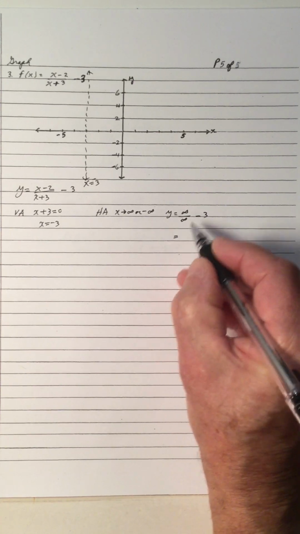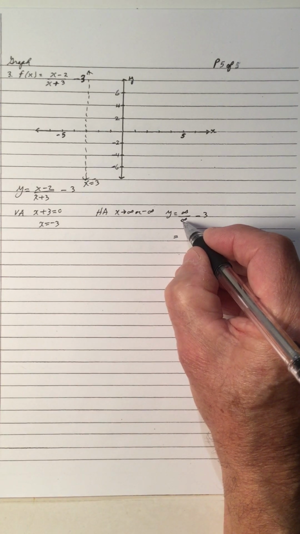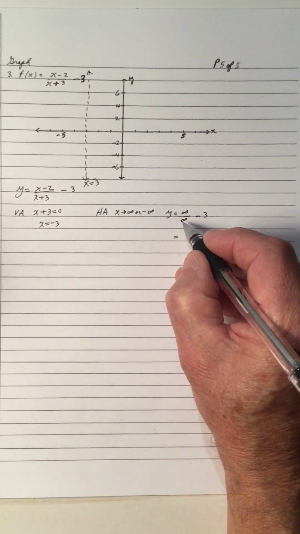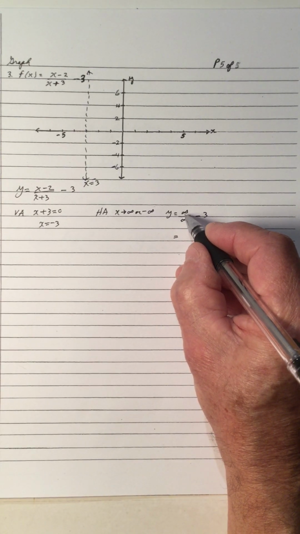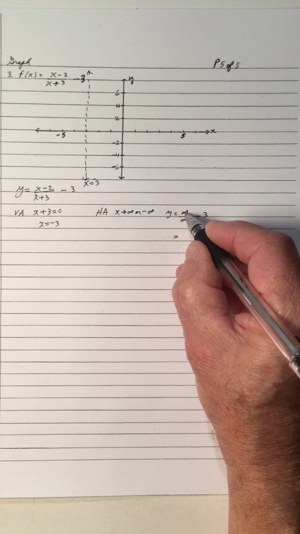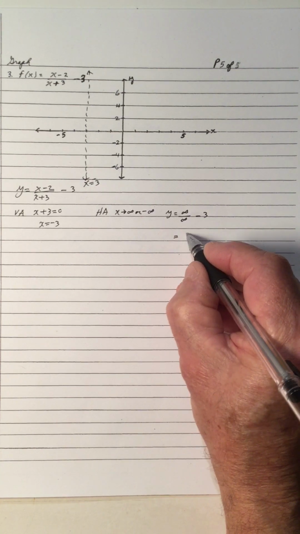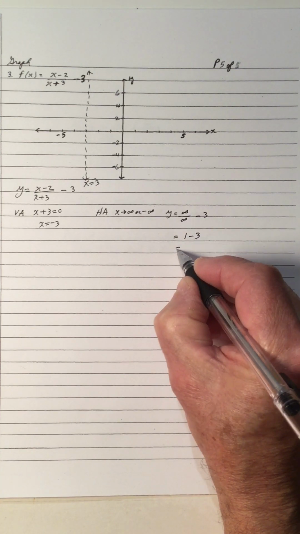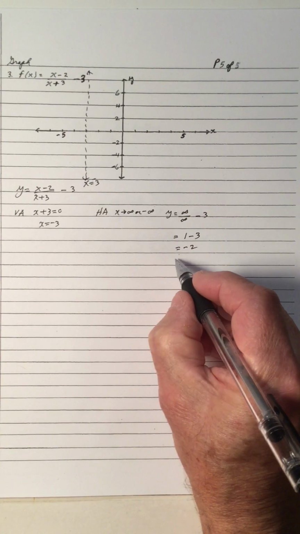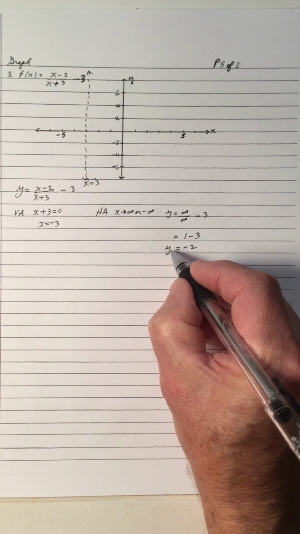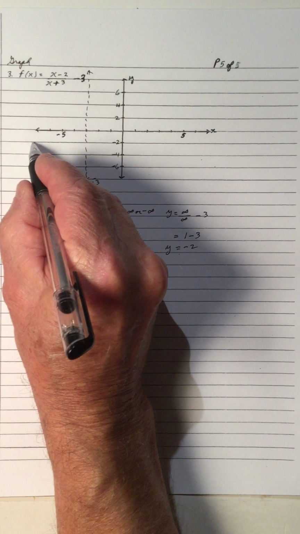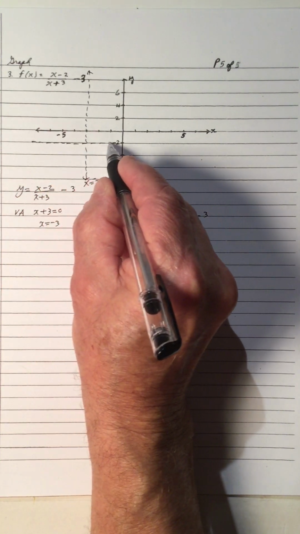So when you take infinity and divide it by infinity, if you take a million divided by a million, you get 1. If you take a billion divided by a billion, you get 1. So that's 1 minus 3, which is -2. So the horizontal asymptote is y equals -2, which is right here.